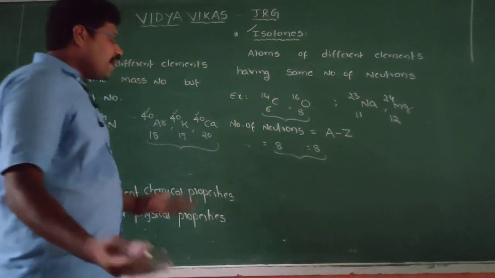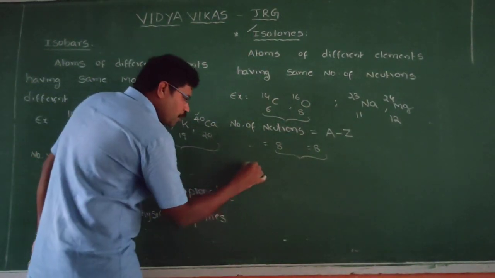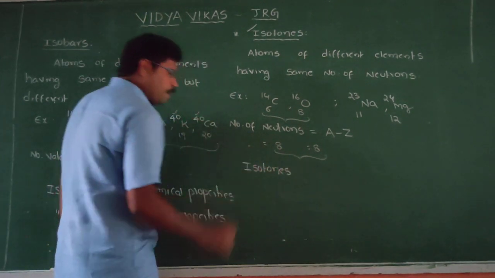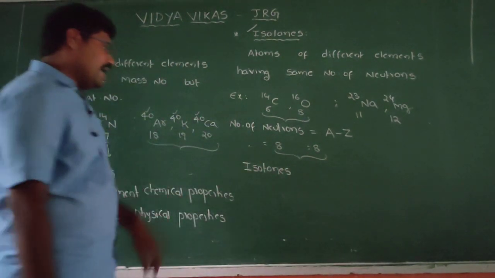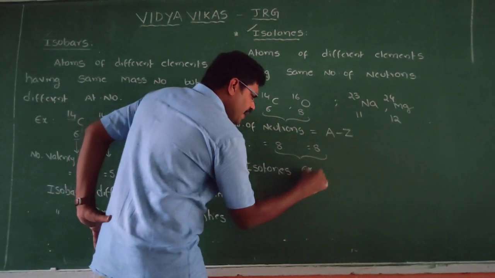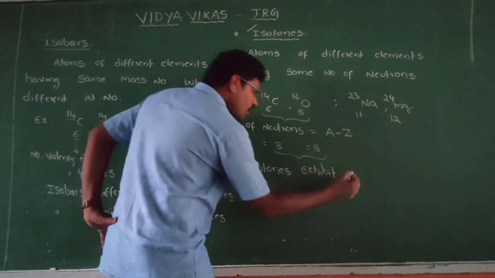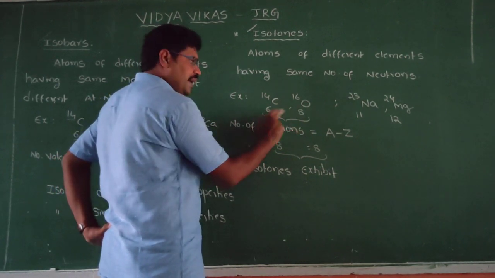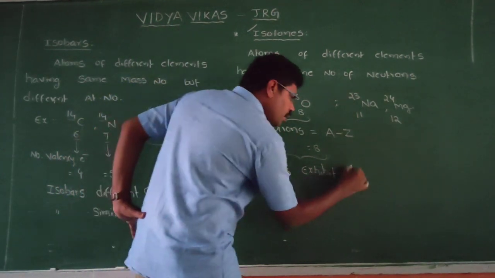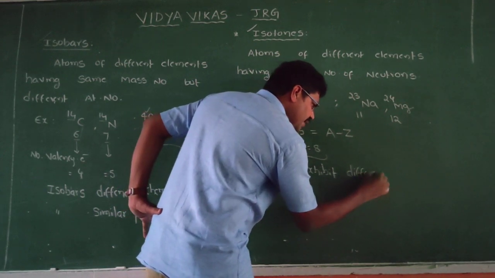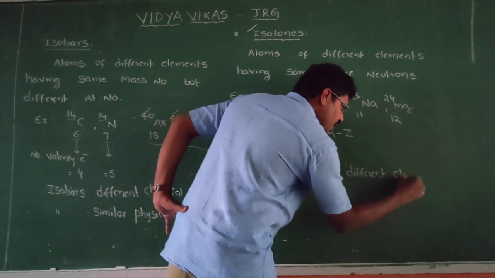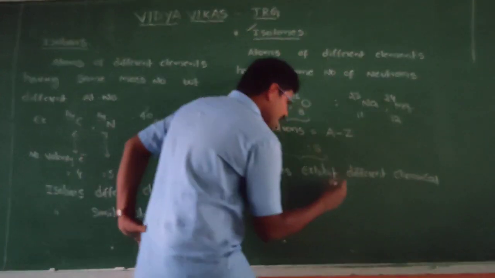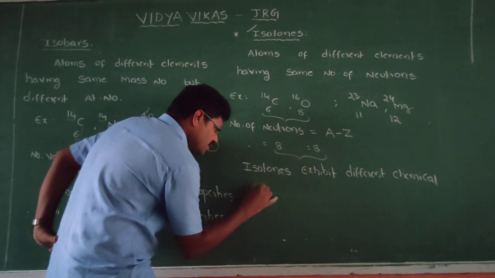Okay. Sir, what about their physical and chemical properties, sir? Very, very interesting one. What about their physical and chemical properties? Dear students, isotones exhibit, what about their atomic number? Different atomic number. Different atomic number means obviously different chemical properties. No doubt at all. Different chemical properties.